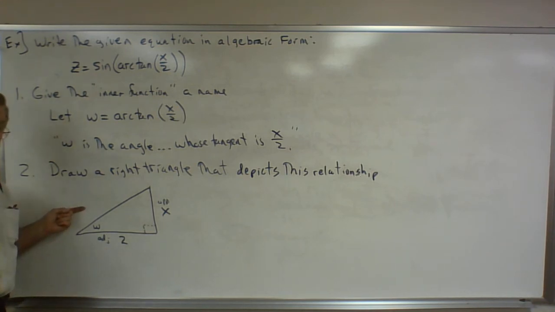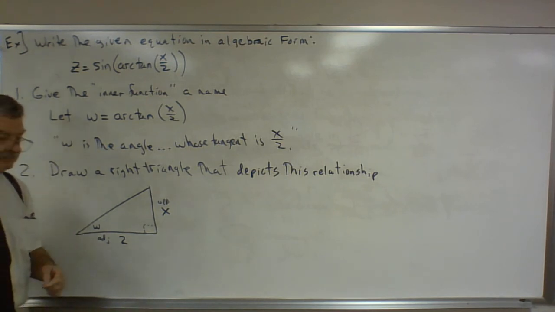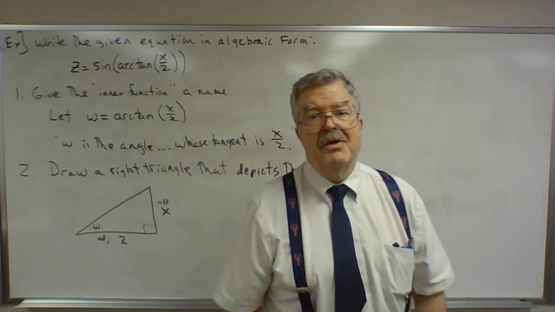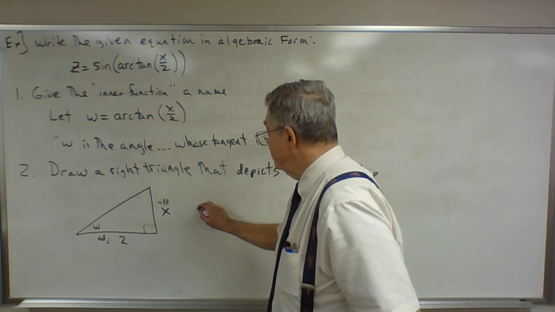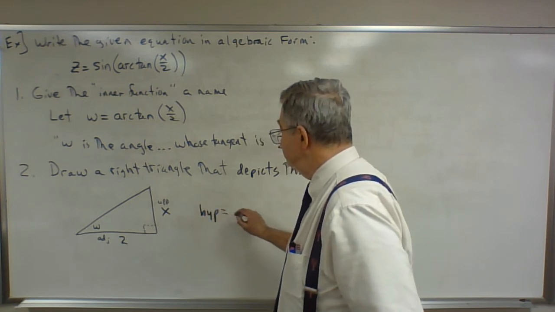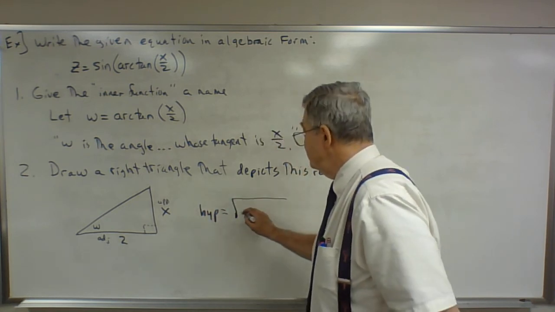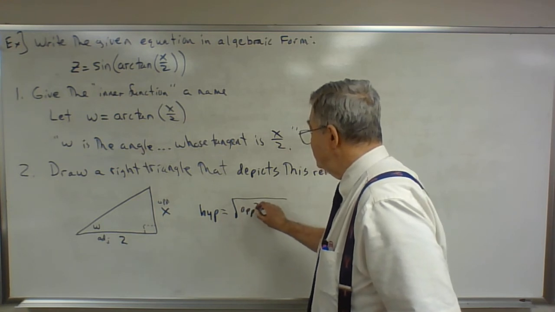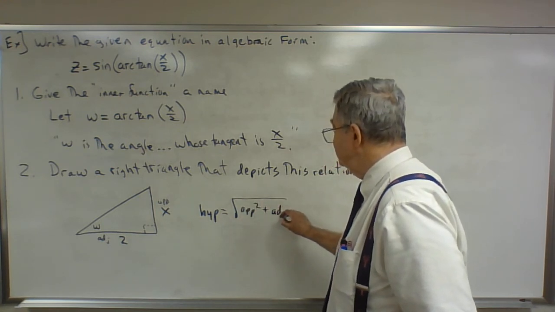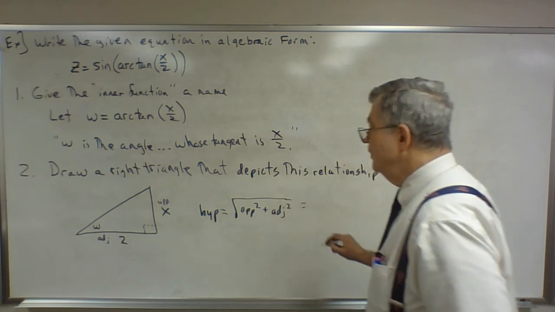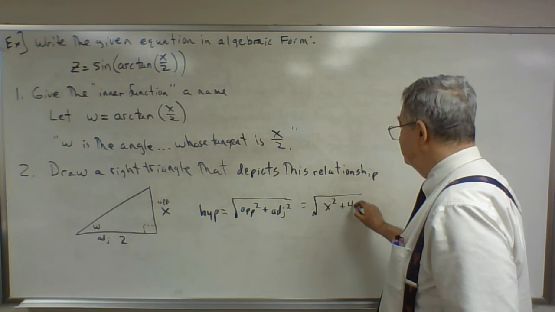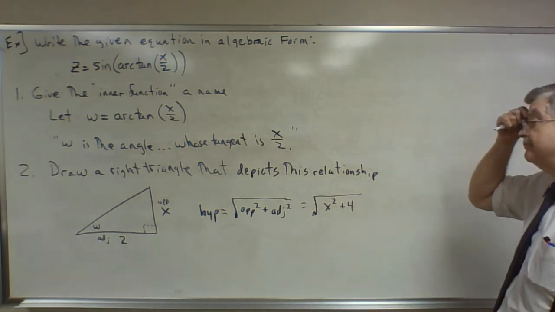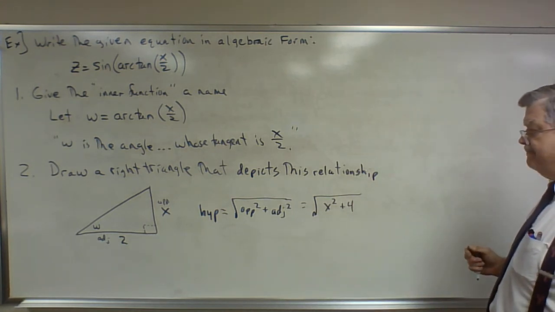What is there of any significance that we don't know about this right triangle? We don't know what the hypotenuse is. The hypotenuse is the square root of the opposite squared plus the adjacent squared, which equals square root of x squared plus 4. Okay?